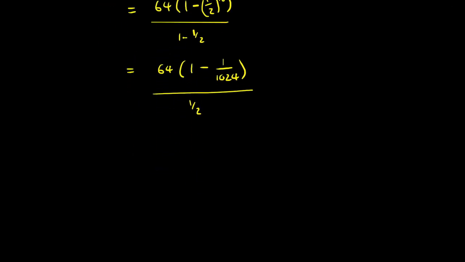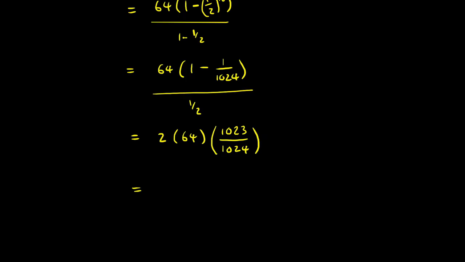Well, let's try to simplify this a little bit. Firstly, if we're dividing by a half, that's the same thing as timesing by 2. So we're going to have 2 times by 64 times by this fraction here. And this fraction can be simplified to give us 1023 divided by 1024. And so we can hopefully now cancel things off.